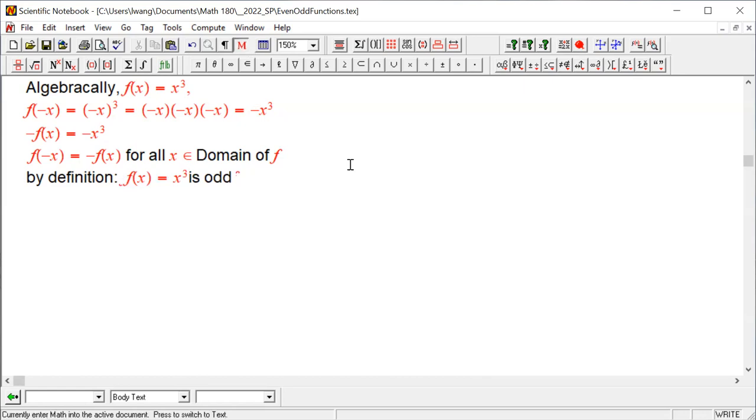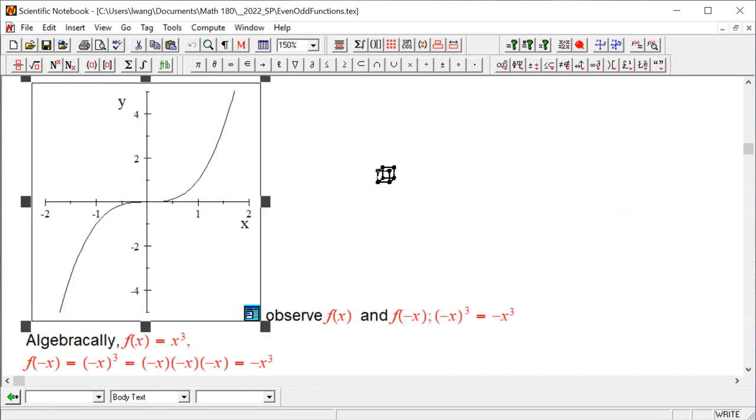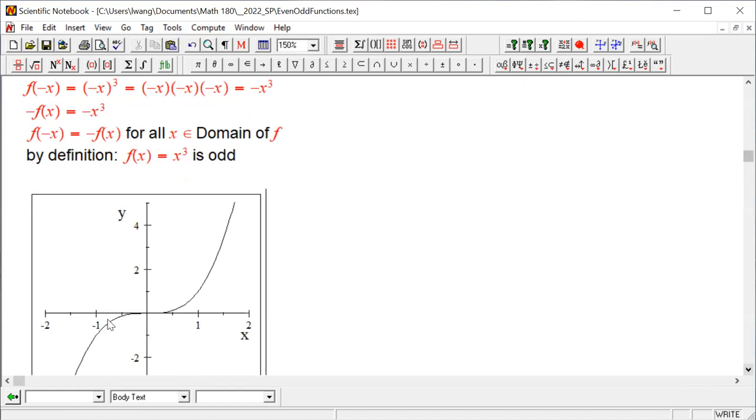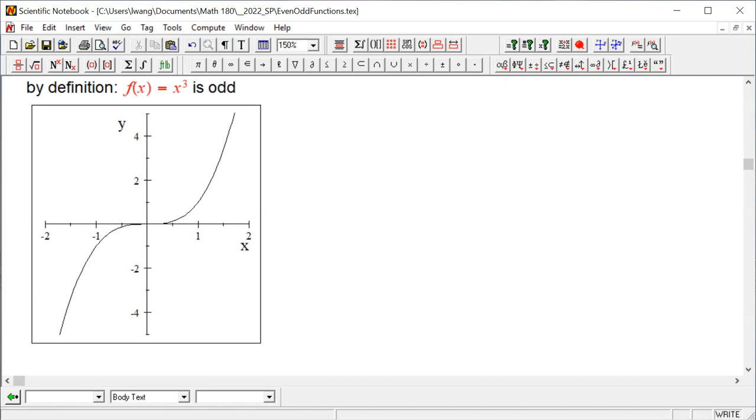So the odd function in summary, what does it tell us? When the inputs are opposite, the outputs are opposite as well. This is an odd function. So let's look at it again.